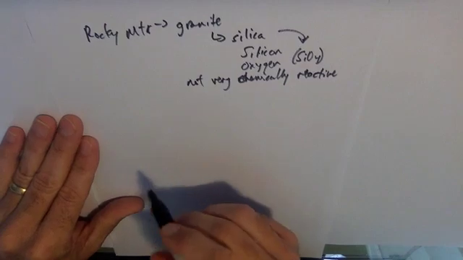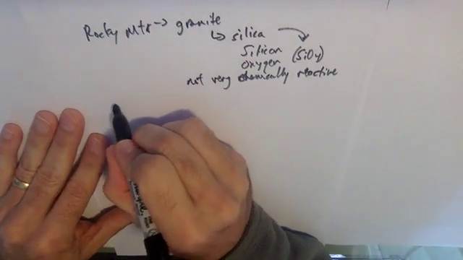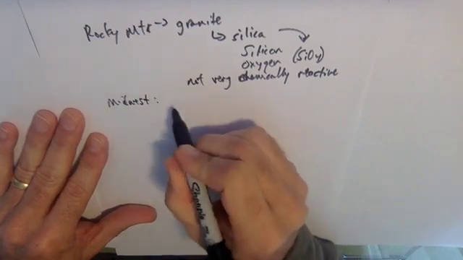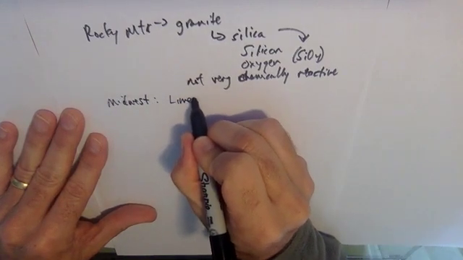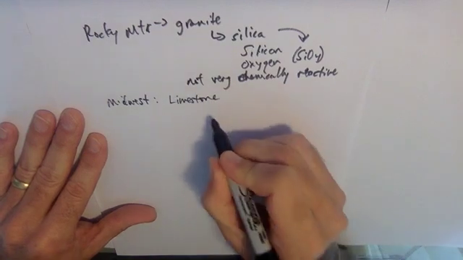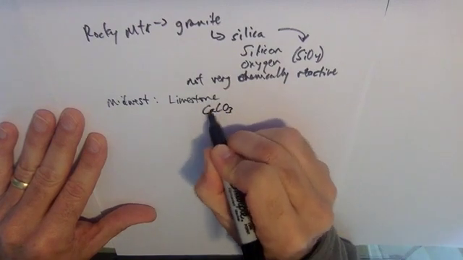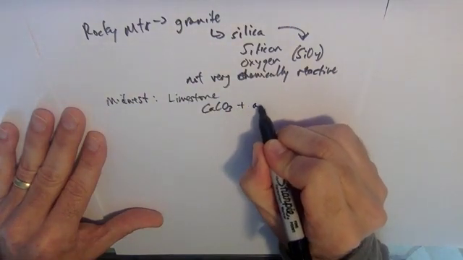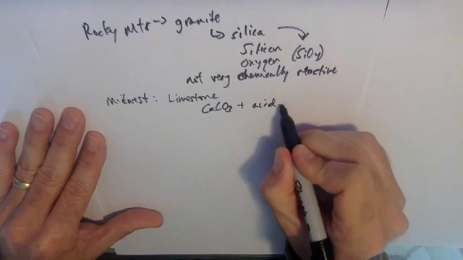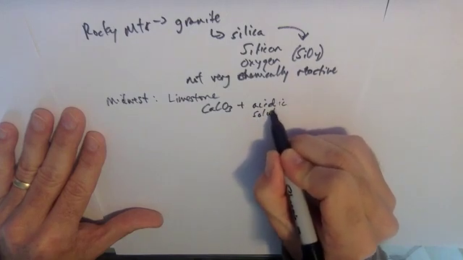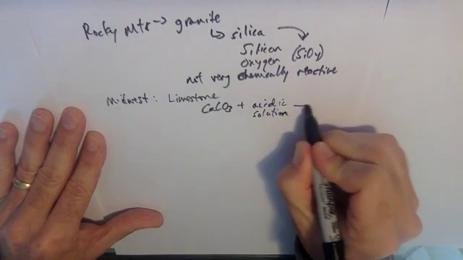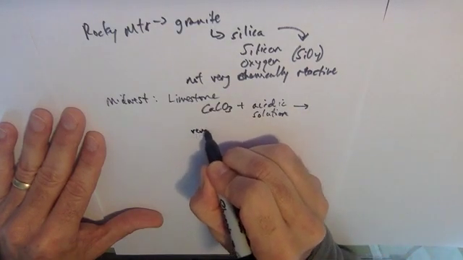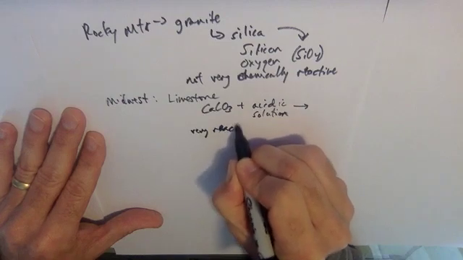However, in places like the Midwest, we have lots of sedimentary rocks, including lots of limestone. Limestone, I think we talked about this before, is calcium carbonate. And when calcium carbonate reacts with an acid, or an acidic solution like acid mine drainage, what happens is that the calcium carbonate is very reactive.